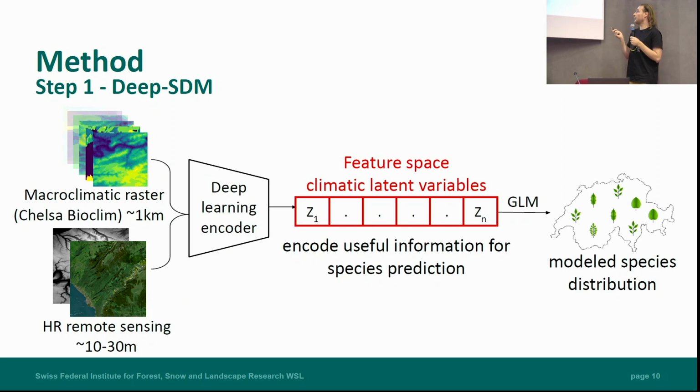By doing that, you learn a function that transforms your input to a feature space that is an encoding of your input that is way smaller. The information retained inside should be the information useful to predict your species. And as we think the species are linked to microclimate, if the information is useful to predict the species, we hope that this information is also useful to predict the microclimate.